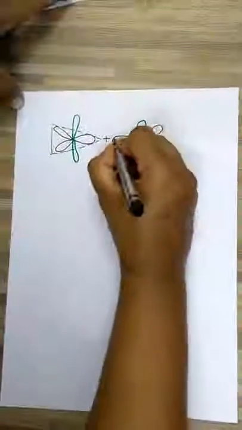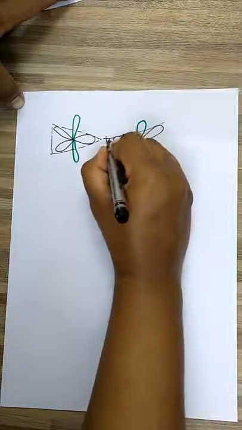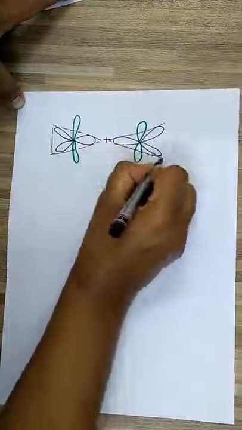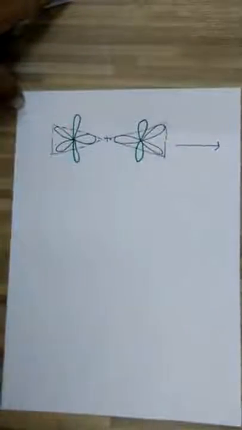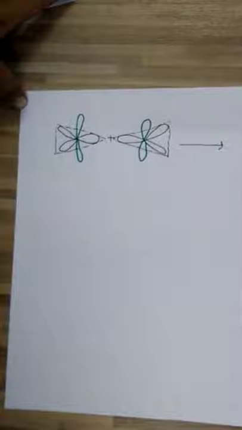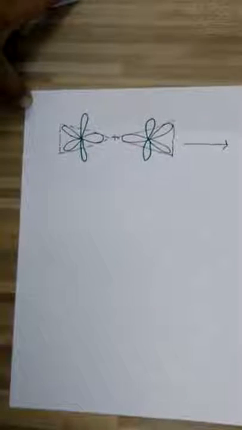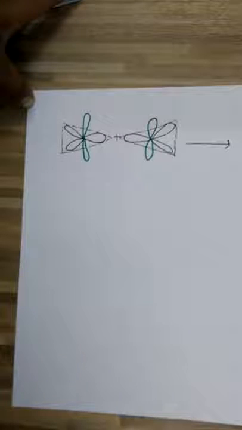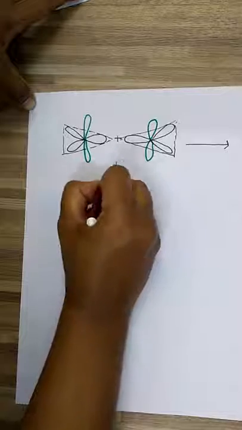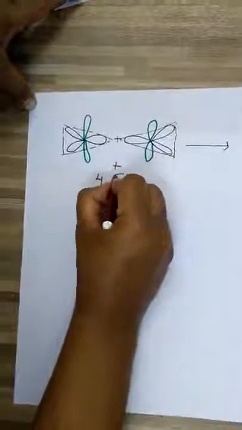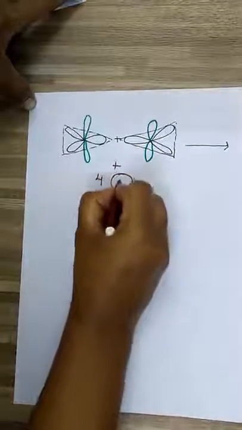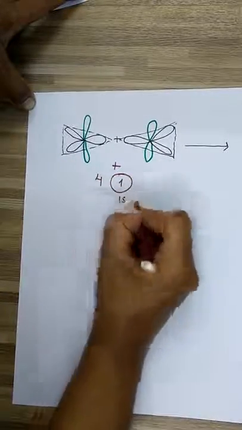Now they will overlap with each other, and they will also overlap with the 4 hydrogen atoms. We know that carbon makes 4 bonds, so along with this it is also going to mix with hydrogen atoms. 4 hydrogens mean 4 spherical 1s orbitals.